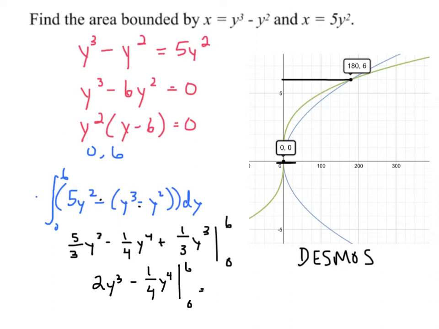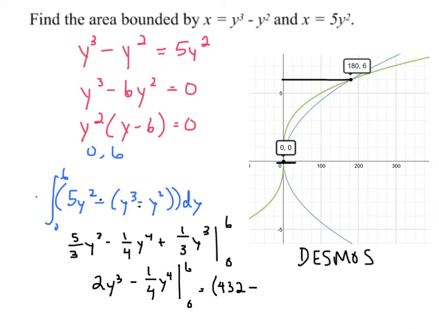Now if I plug in 6, I get 2 times 6 cubed. 6 cubed is 216, so I have 432 minus 1/4 y to the 4th.